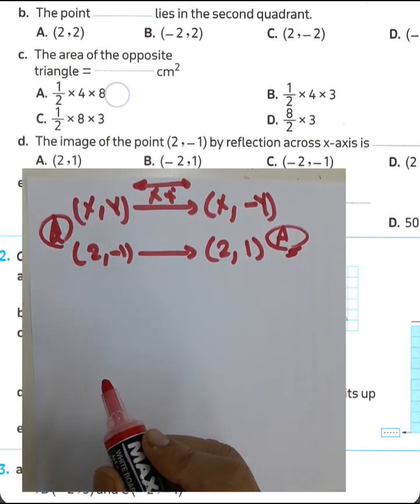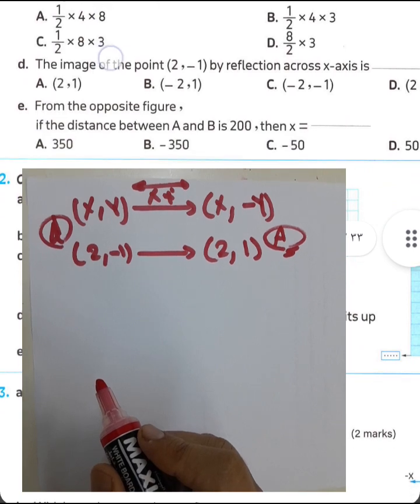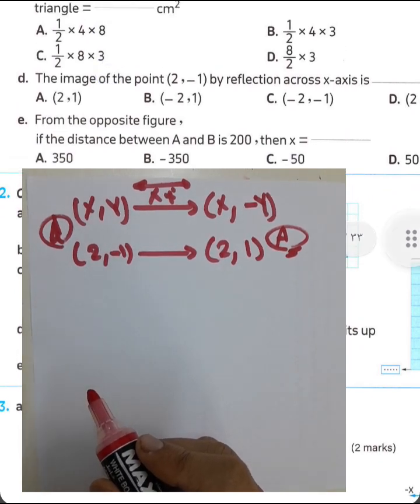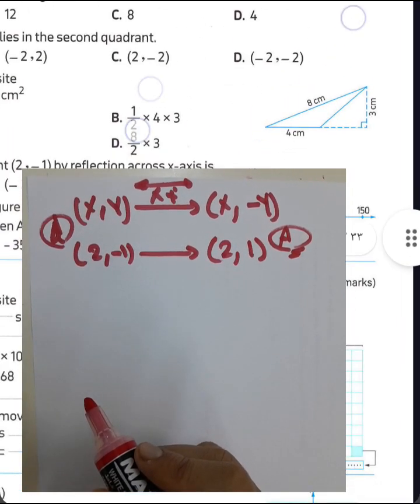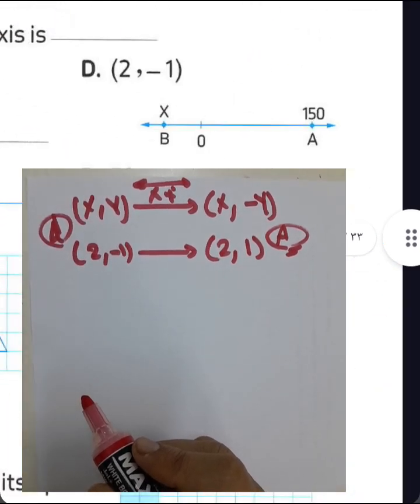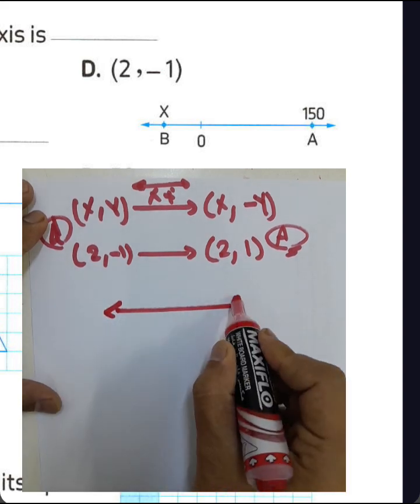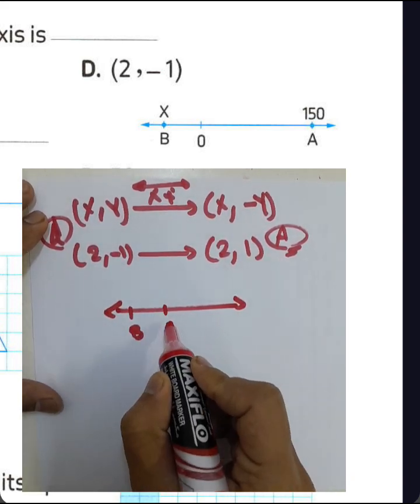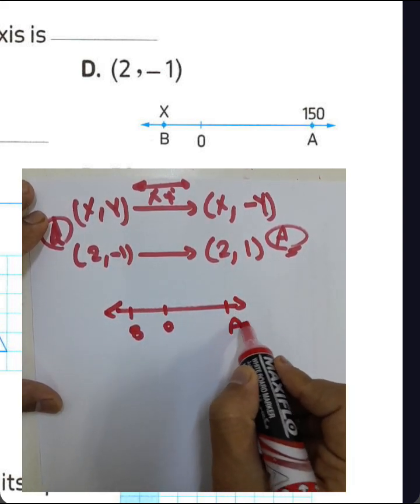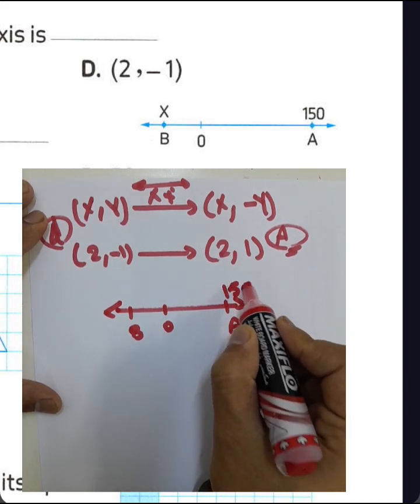Okay. Next question, letter E. From the opposite figure, the distance between E and B is 200, then x equals space.